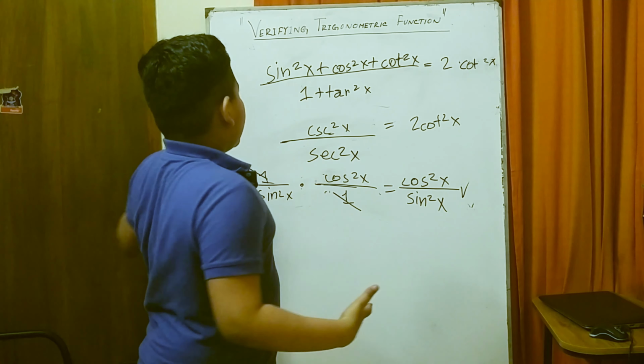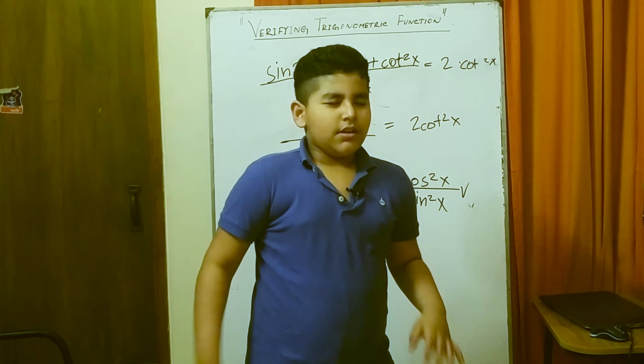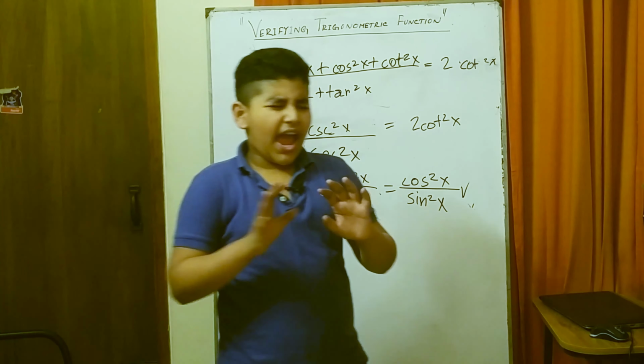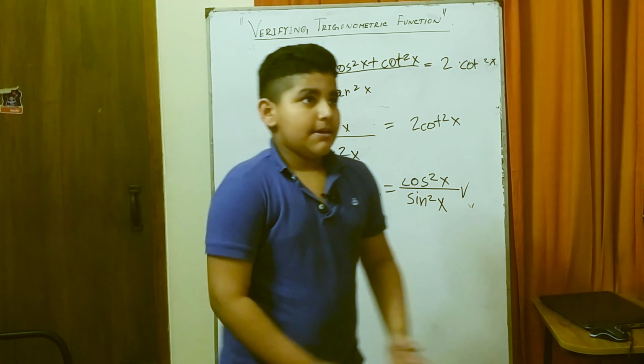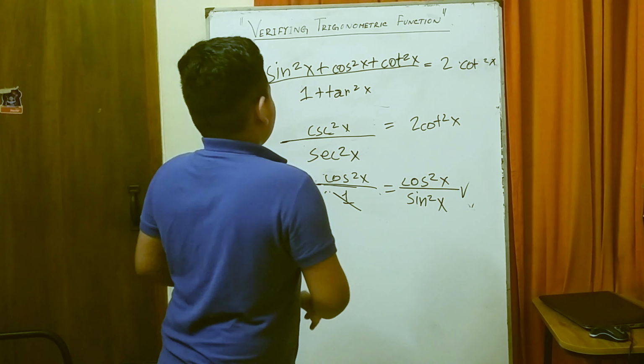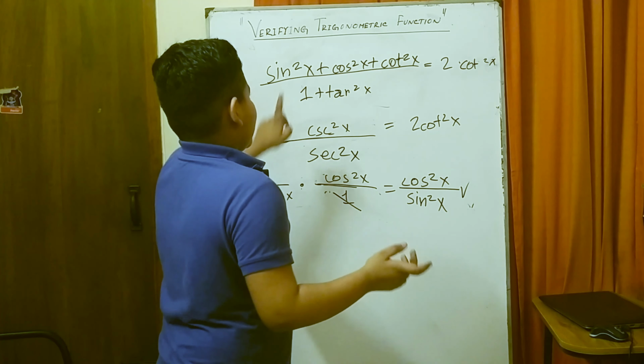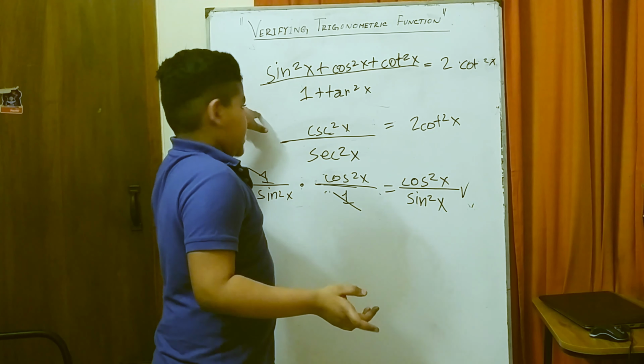Now remember that just watching this video won't help you. Perhaps it wouldn't even help you halfway through your test, because I'm 90% certain that this problem would not come in your test.